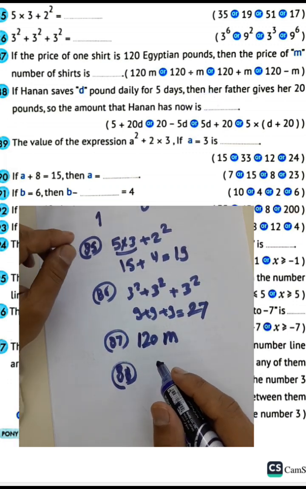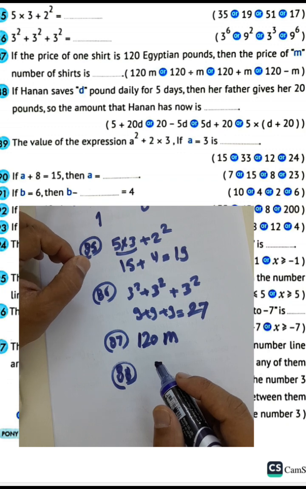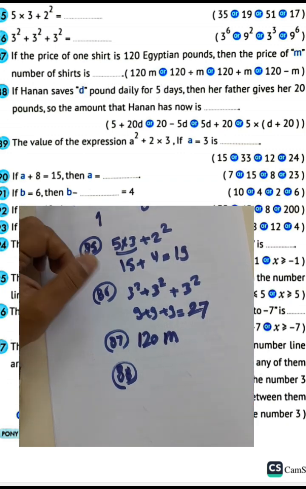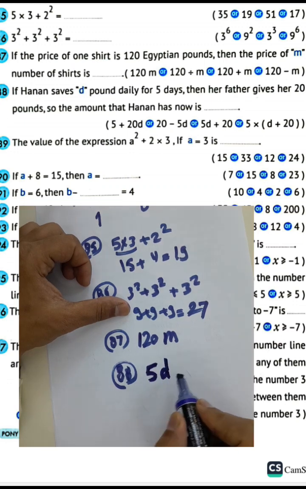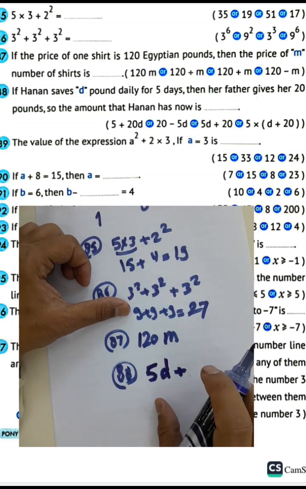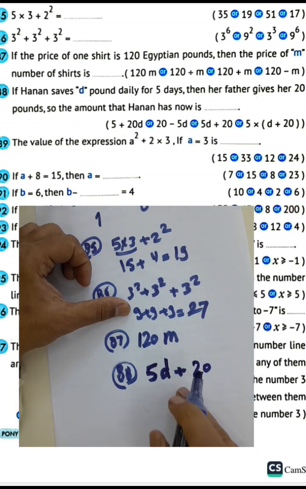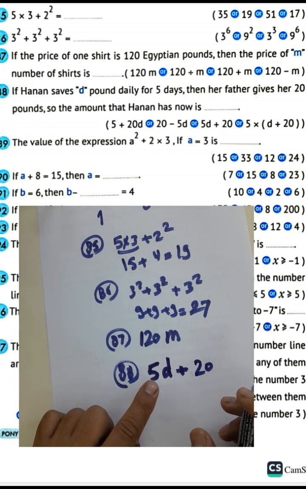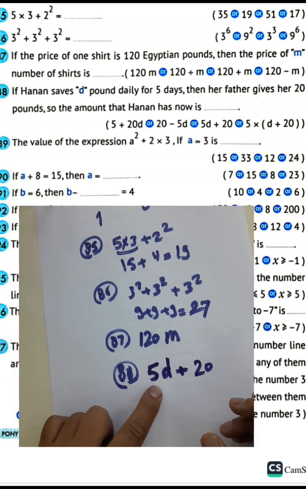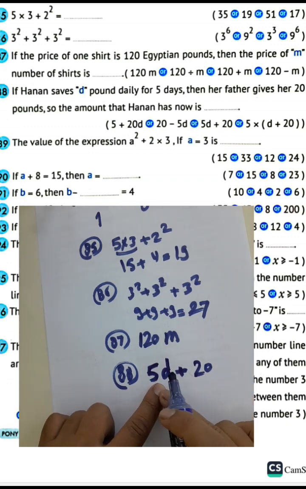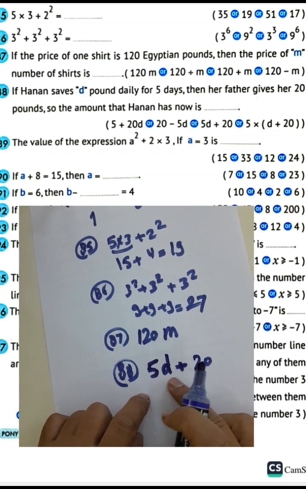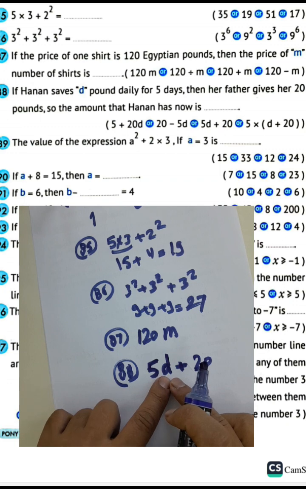Okay, Hanan saves D pounds daily for 5 days, and her father gives her 20 pounds, so we must write plus 20. Again, Hanan saves D pounds daily for 5 days, so she will have 5D, where 5 refers to the number of days.